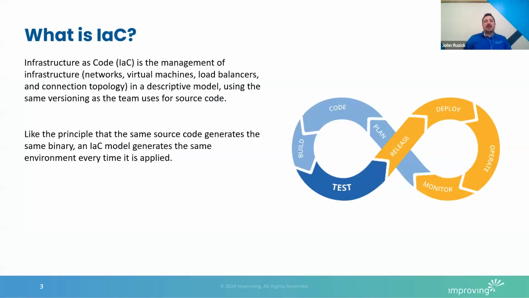So what is IaC? Infrastructure as code is the management of infrastructure, things like networks, virtual machines, load balancers, and the connection topologies that connect all of that together, in a descriptive model. The big thing is it uses the same versioning the team uses for source code.